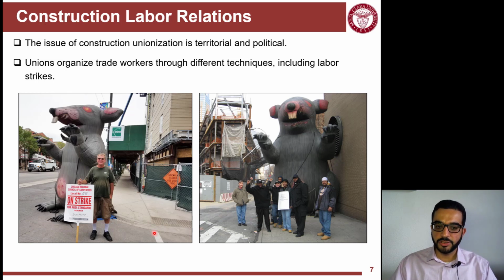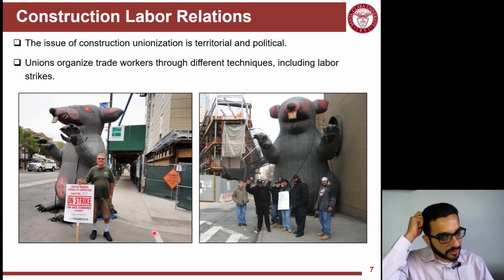But unions here have their tactics to push for their cause, and they have a good social cause, which is social worker welfare. But they use some PR, public relations, and media ideas to attract workers to join them.